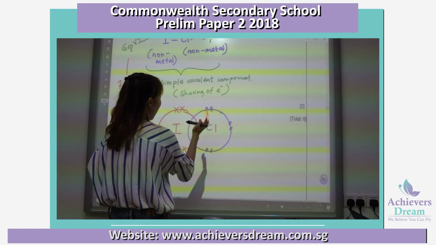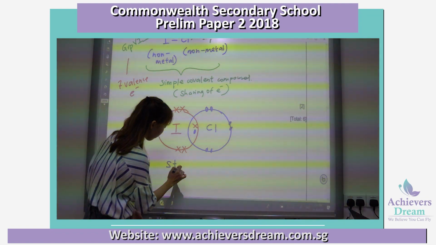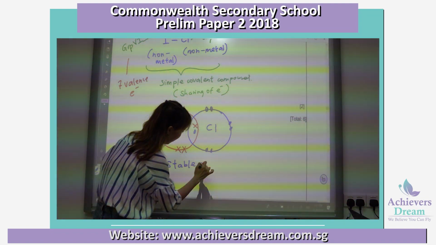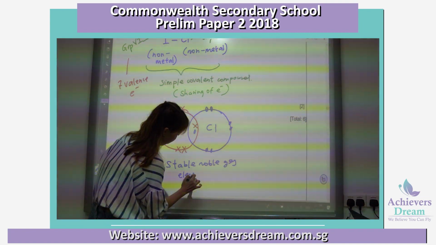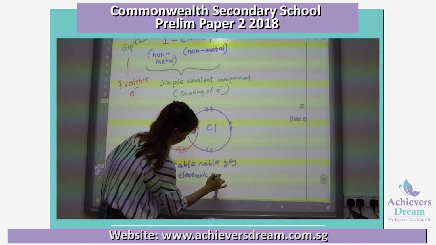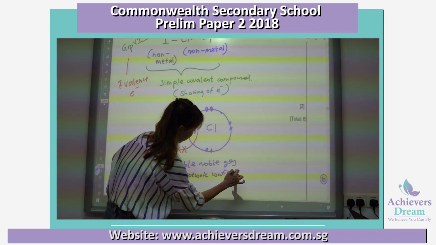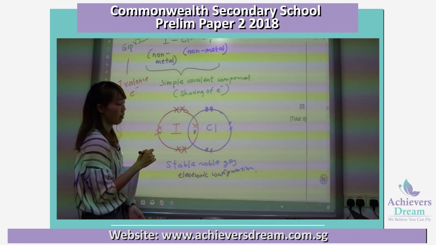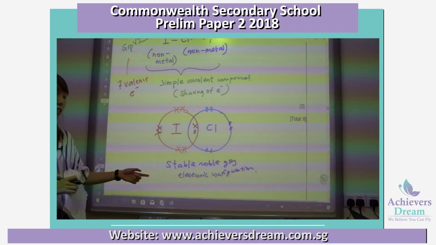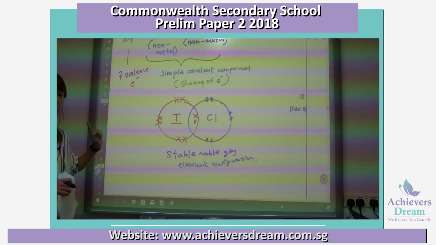So that both iodine and chlorine obtain the stable noble gas electronic configuration. Both of them now have 8 valence electrons. So they have achieved the stable noble gas configuration.